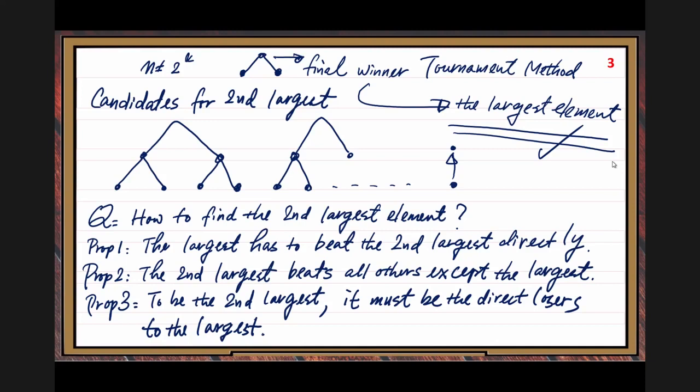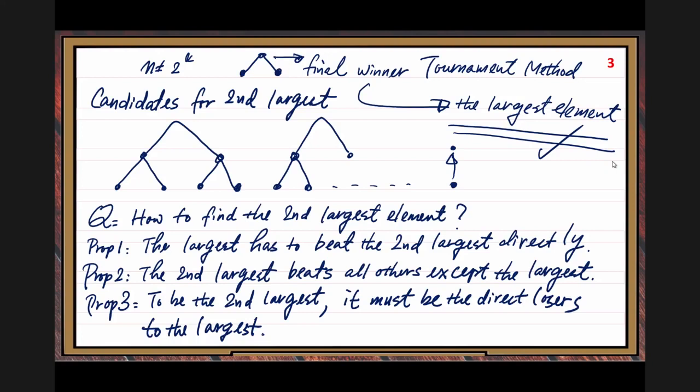That other player could be qualified for the second, but this one cannot be. Think about that. That's the critical observation.